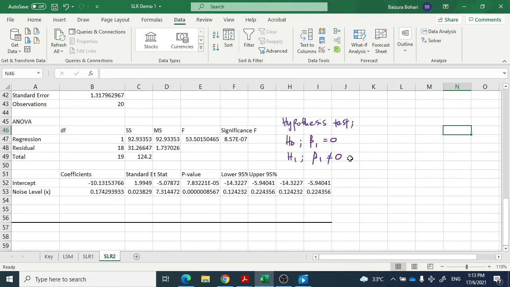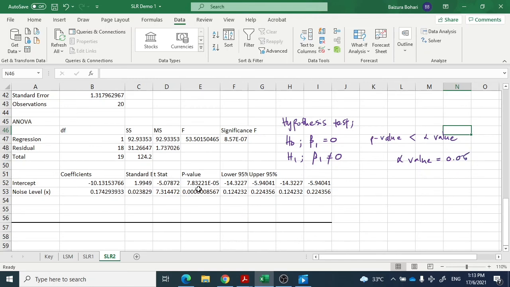So to reject our null hypothesis, the p-value should be less than the alpha value, where our alpha value is equal to 0.05.